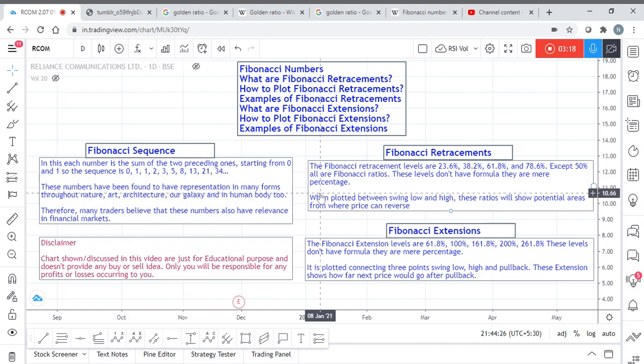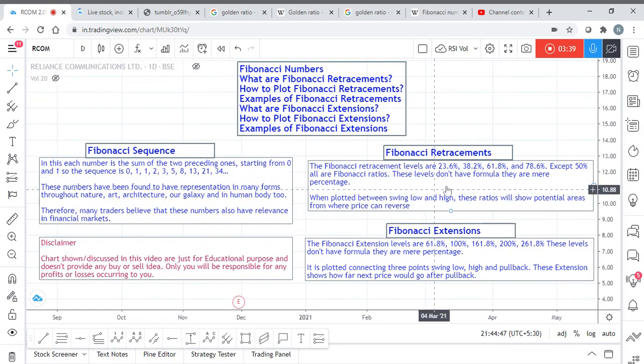The next part in this video is regarding the Fibonacci retracements. Fibonacci retracements are nothing but the percentage levels of swing high and swing low. On the chart you have to plot the swing high and swing low, and then you will be able to see the prices bouncing from one of these levels.